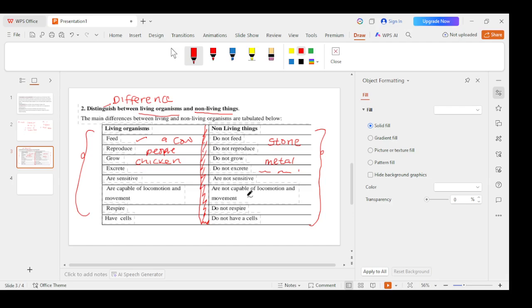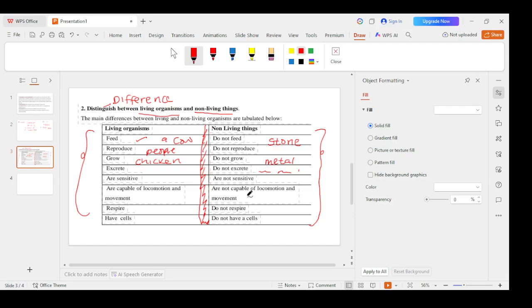Then respire. We talked about respiration. Living organisms, both plants and animals, respire. Non-living things do not respire. Then all living organisms have cells. A cell is simply the basic unit of a living thing.